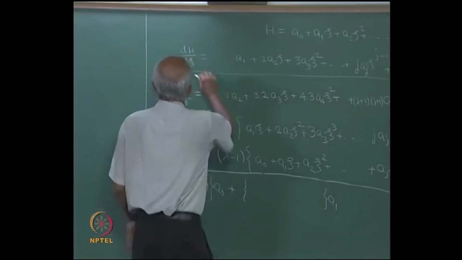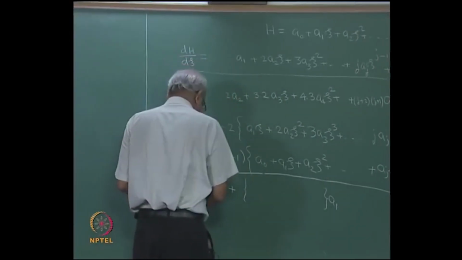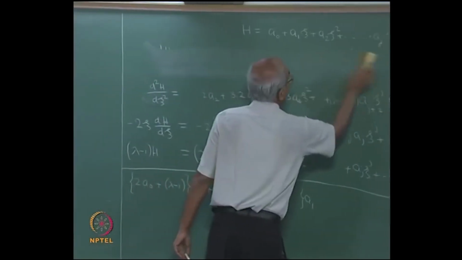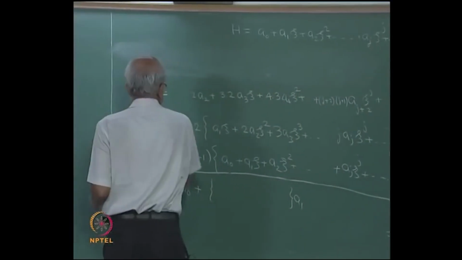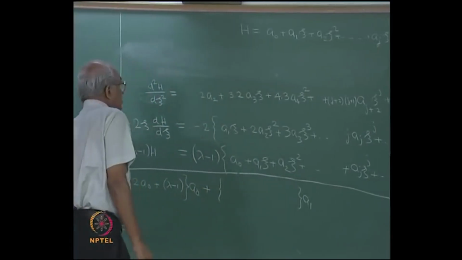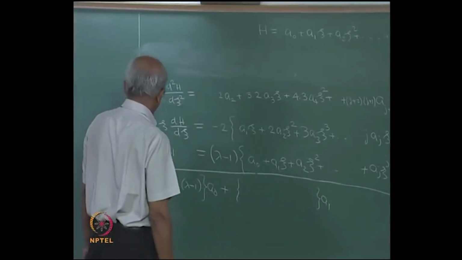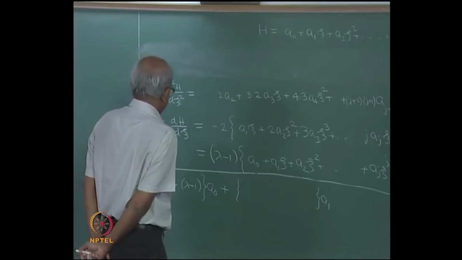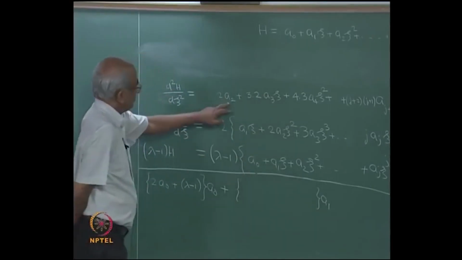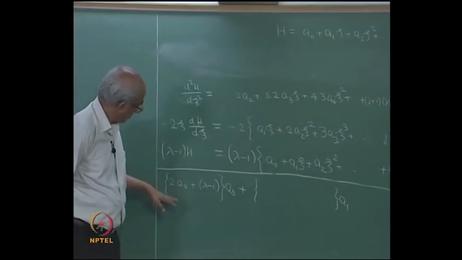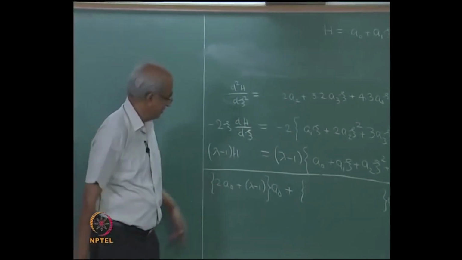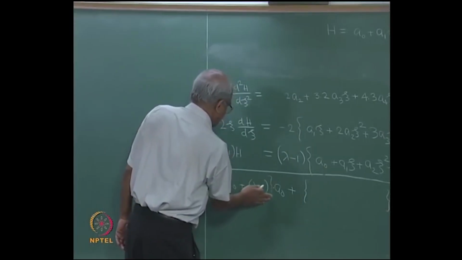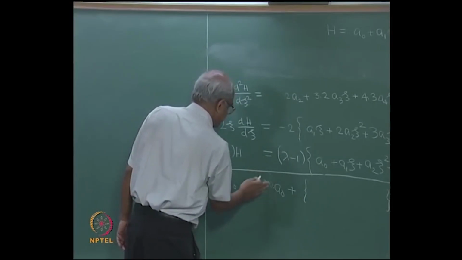Sorry, I can now remove this, otherwise I may take something from there. I think I have made a mistake. 2a2, I have written 2a0, and I have put the bracket in the wrong place.